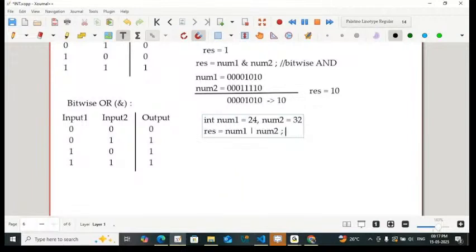So this is logical OR. This is bitwise OR. Okay. Now what is the result? So you should represent num1 in binary, num2 in binary, and what is the result? What will be the result for OR?